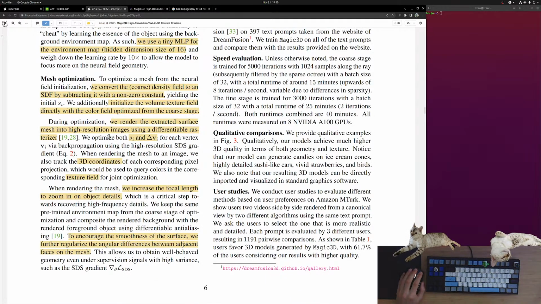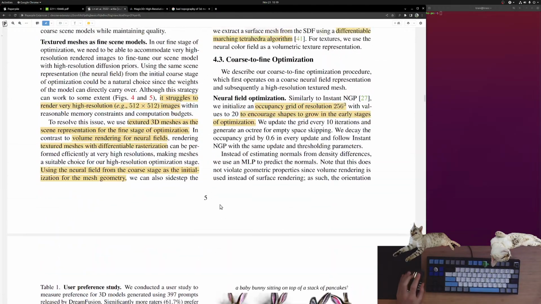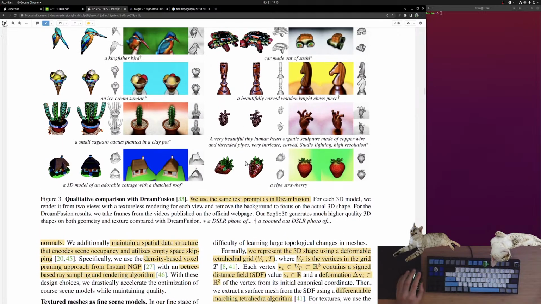What they're doing in this paper is adding a regularization to their loss that looks at the angular difference between adjacent faces on the mesh, and they try to prevent that from being too harsh. I think the negative side effect is that you're not going to be able to get really crisp corners.